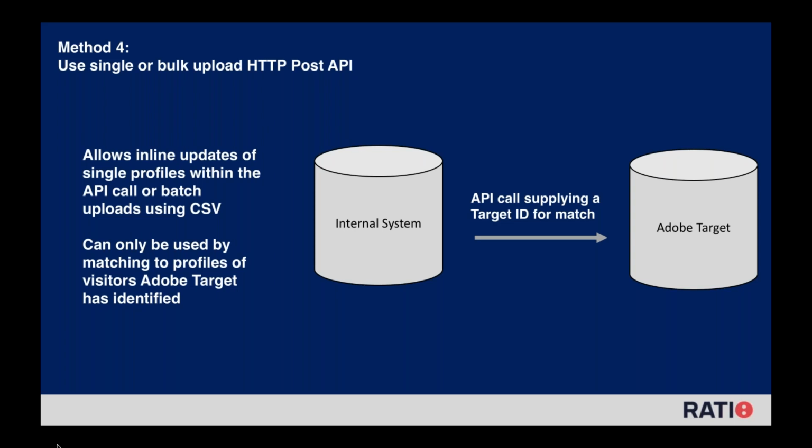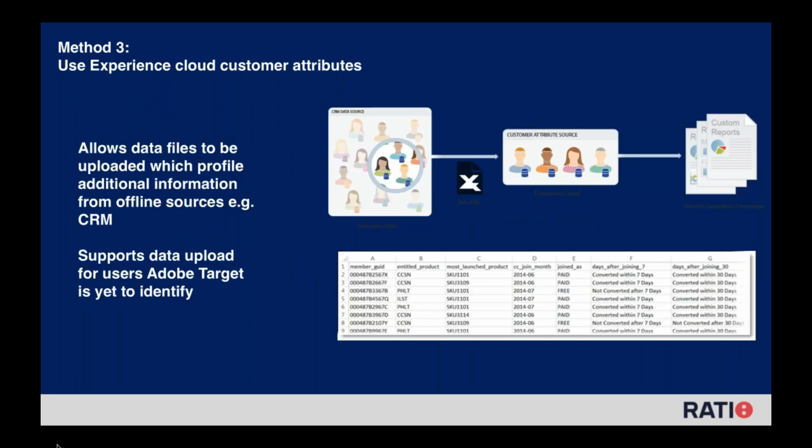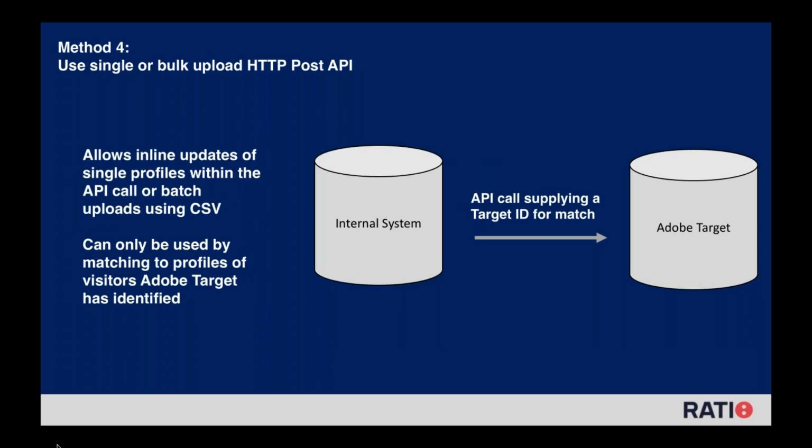Finally, we have the single or bulk upload API. Whereas with the Experience Cloud customer attributes you're sending the information to an FTP in a CSV file or what have you, in this instance there's actually an API that can be used to either tell Adobe about what attribute updates should be made for a specific visitor.